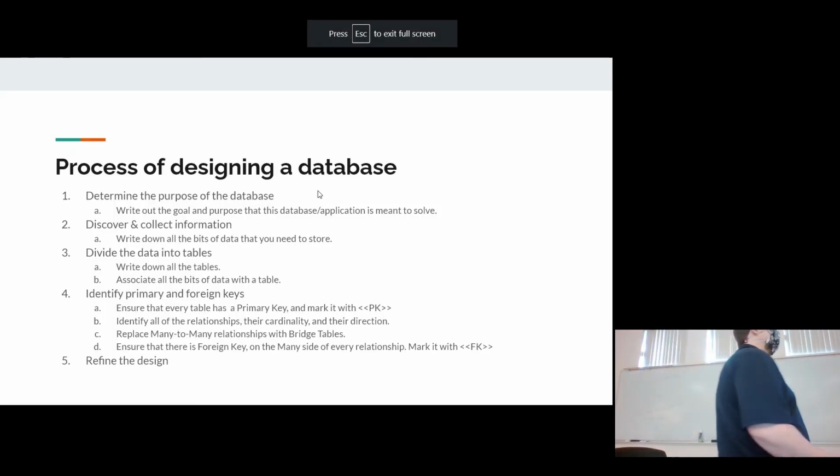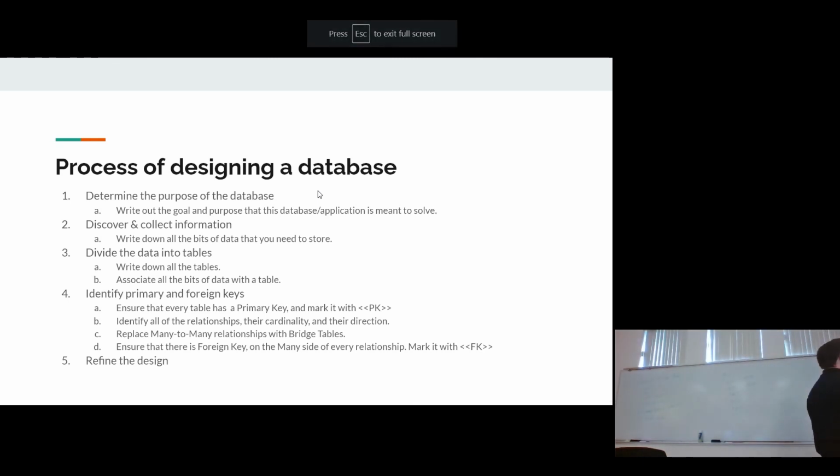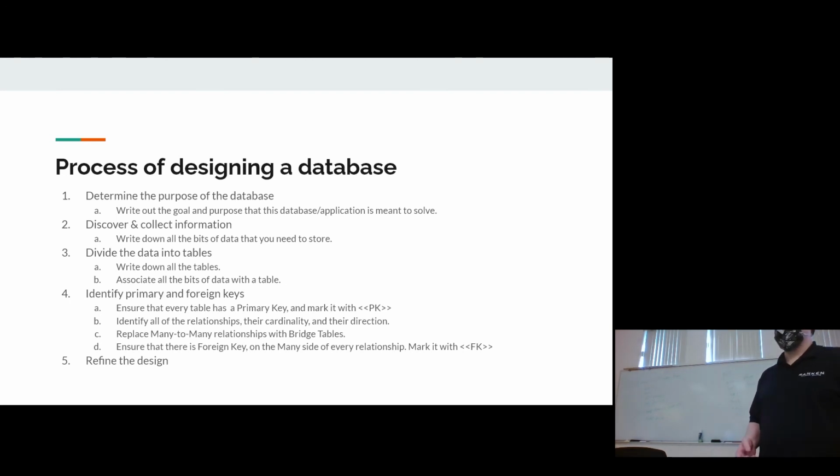One of the videos that you watched gave you this process of going through and making a database. The first thing you should do is determine what the purpose of the database is and write that out. Determine what this database is meant to do, what data it is meant to capture. That's step one, so you know what your goals are.